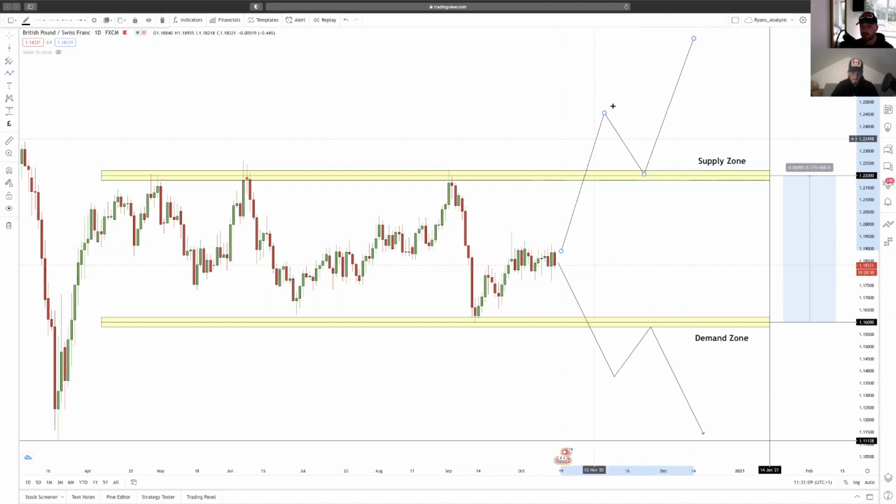So it'd be impulse, correction, continuation, a bit like what Ant was speaking about in the channel, but in this case, this is a range where price moves sideways and how we trade it. So we wait for the break of it over a period of time, wait for the pullback, and then continuation to the upside. And that is basically how we trade ranges.